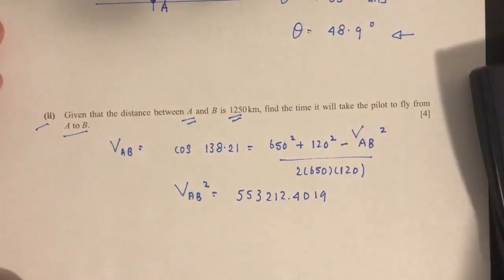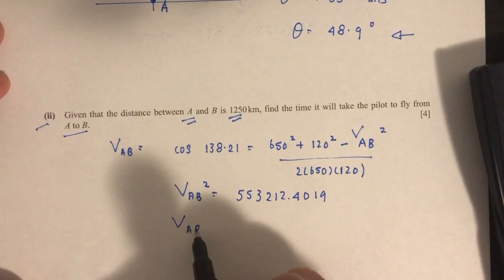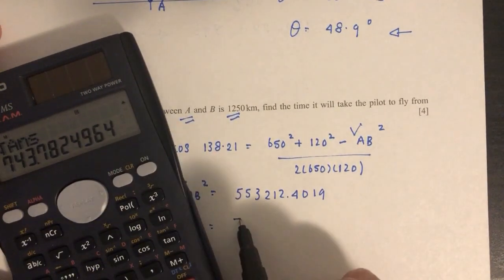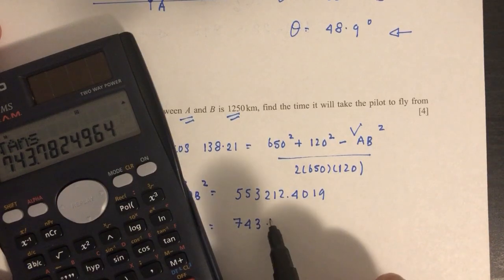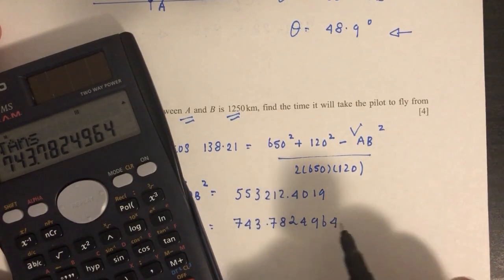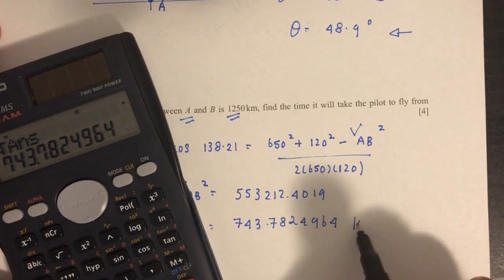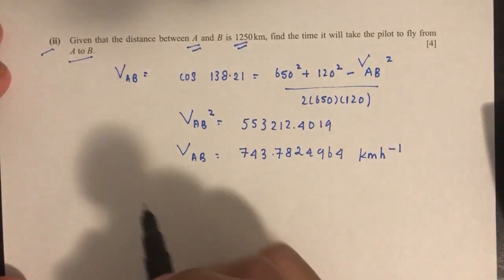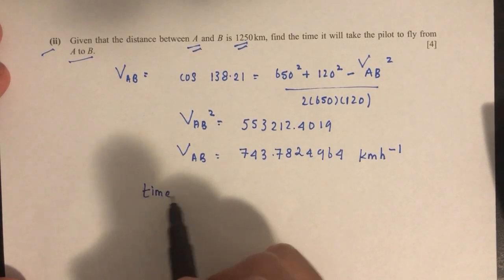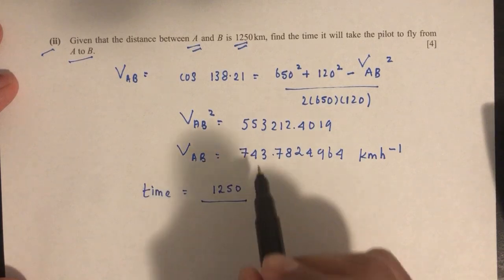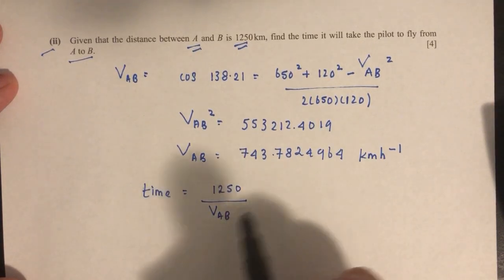553,212.4019. So the value of VAB will be the square root of that. That will be 743.782494 kilometers per hour. Now find the time. Time will be the distance, which is 1250, divided by VAB.